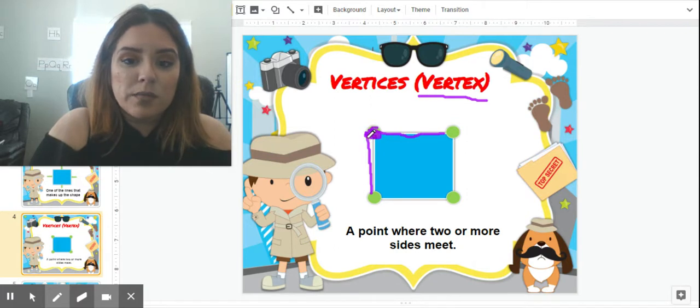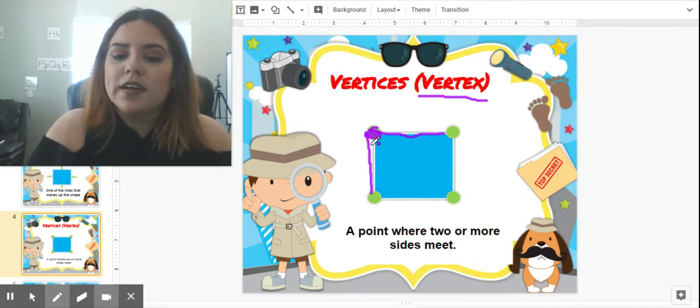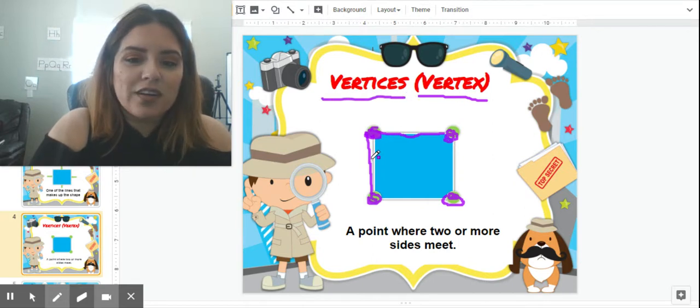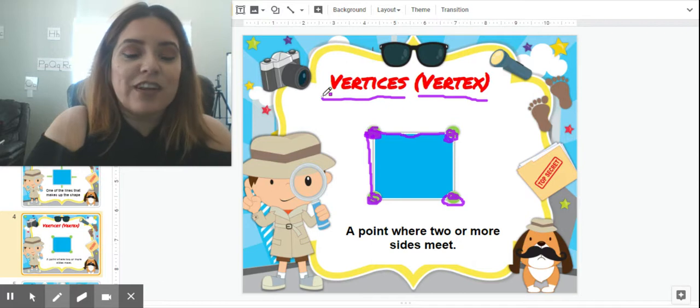So if it's 1 point, then it's called a vertex. But this shape has more than 1 point where the lines meet. It has 1, 2, 3, 4. So this shape has 4 vertices. If it's just 1, we call it a vertex. If it's more than 1, we call it vertices. So this shape has 4 vertices.